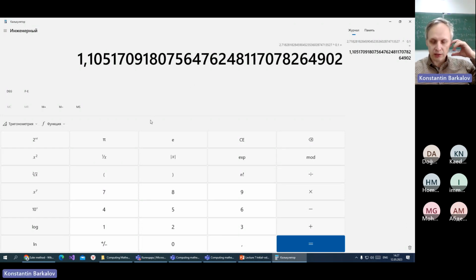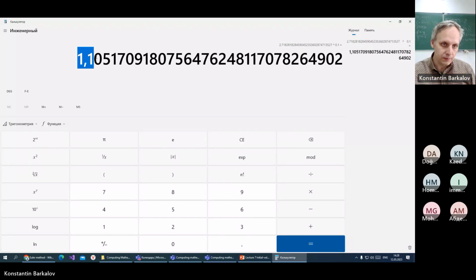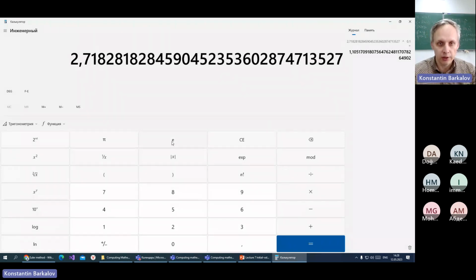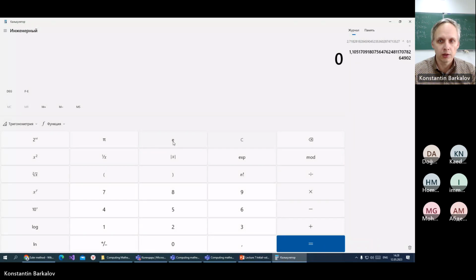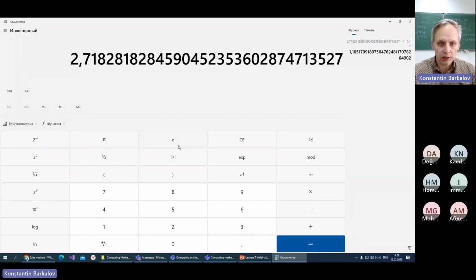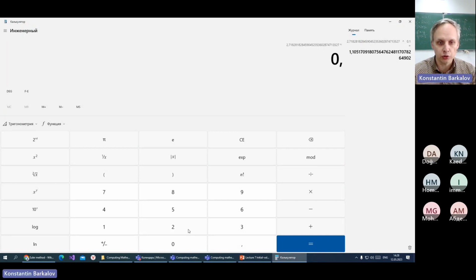What do we get by Euler's method? We get 1.1 at the first point. So this is a first order approximation. What do we get at the second point? Let's compute the real value, e power 0.2.